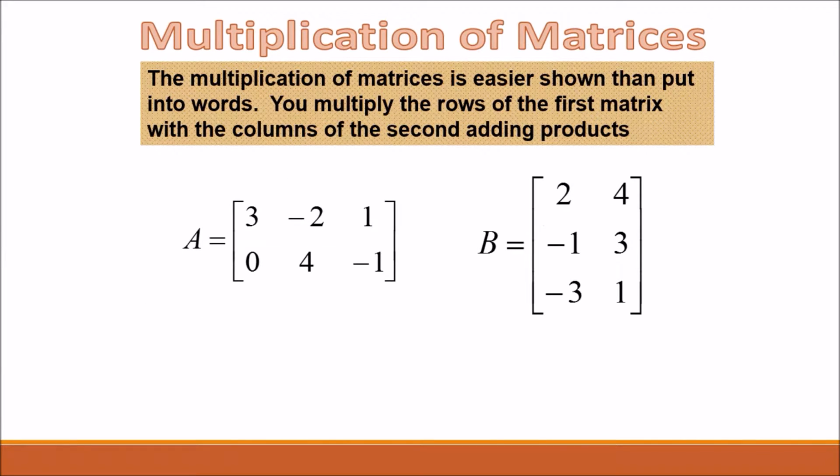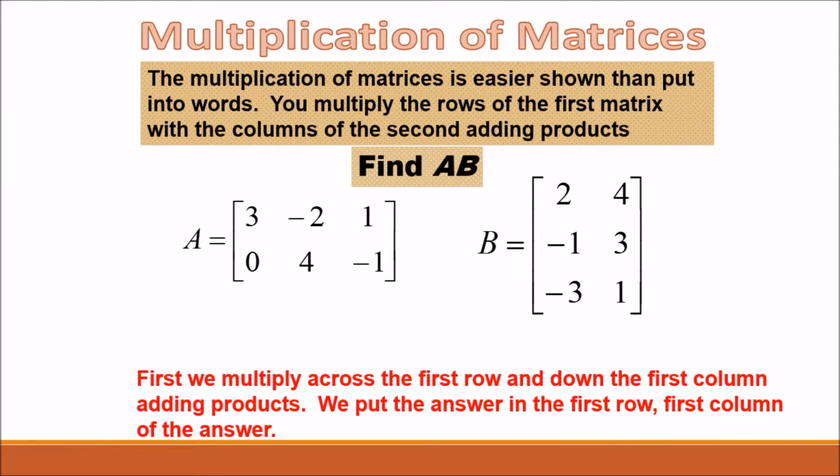For example, we are having two matrices A and B, and if we want to find A into B, or the product AB, first we have to multiply the first row of A, which is 3, -2 and 1, with the first column of matrix B, which is 2, -1 and -3.